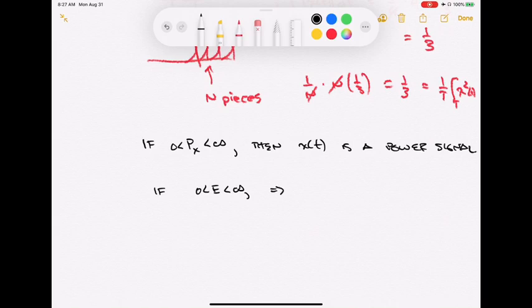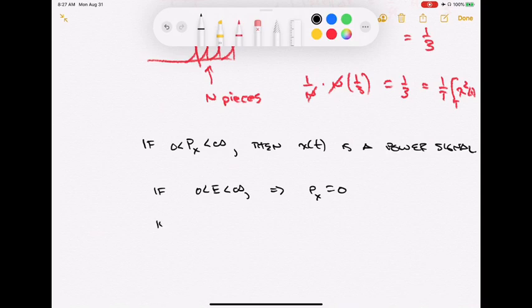That implies that the signal is an energy signal. That means that its sum of squared content is a finite number. Energy is then divided by infinity to give us power. If you have a finite number divided by infinity, that implies that this power has to be equal to 0. So if I have an energy signal, its power is necessarily 0.